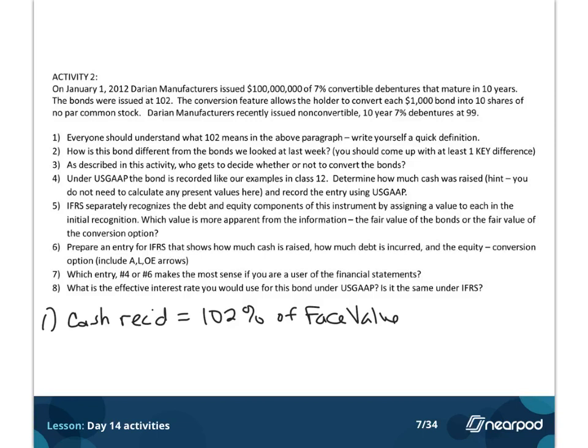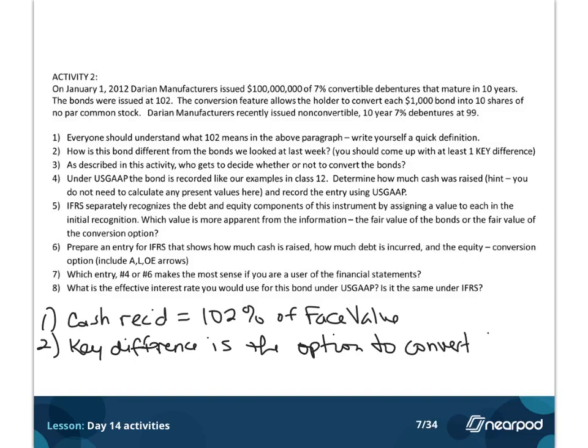Okay, and I asked you to think about how this bond is different than the bonds we've looked at earlier. After talking about it, reading this paragraph, and based on your readings, you would come to the conclusion that a key difference is the option to convert bonds to stock.